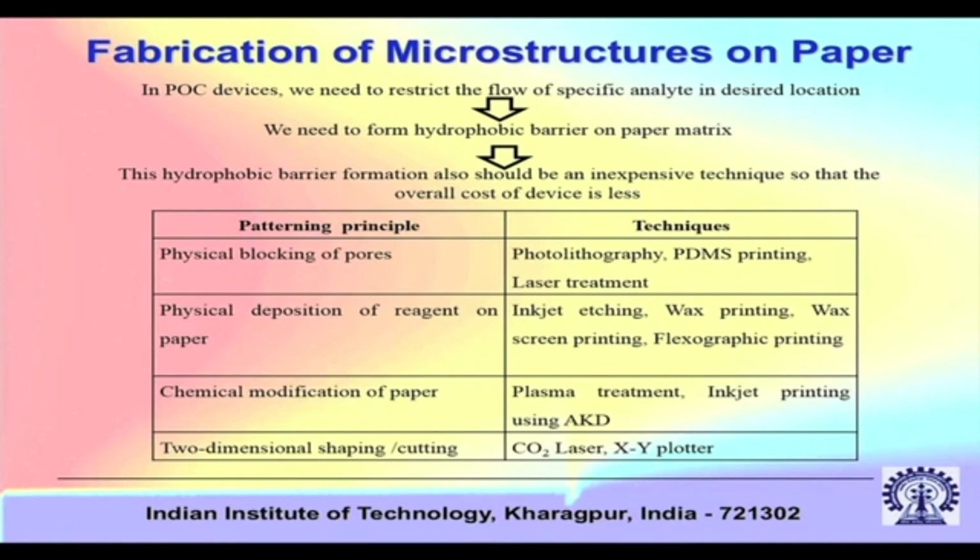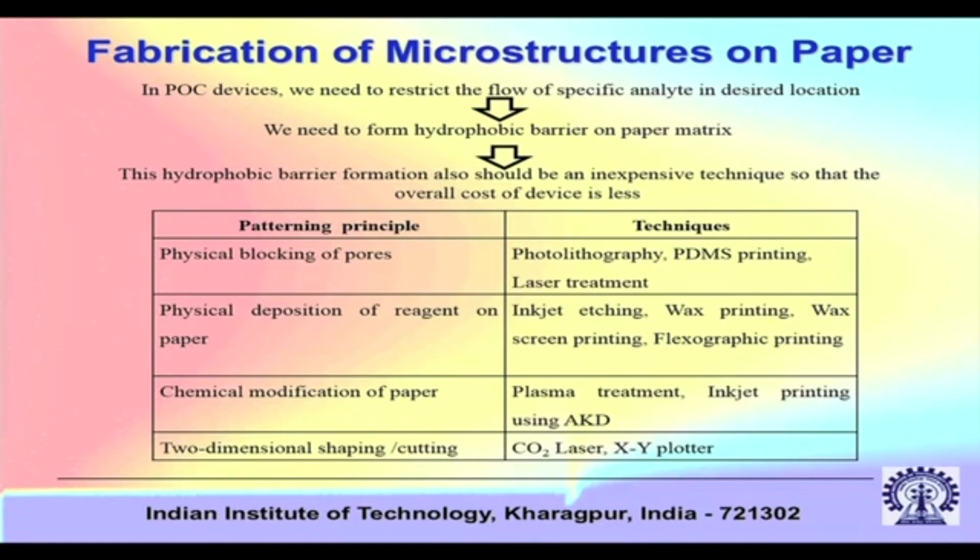Now how do you fabricate microstructures on paper? You can have physical blocking of pores, which is one possibility that I mentioned, or physical deposition of reagent on paper, chemical modification of the paper, or two dimensional shaping or cutting.